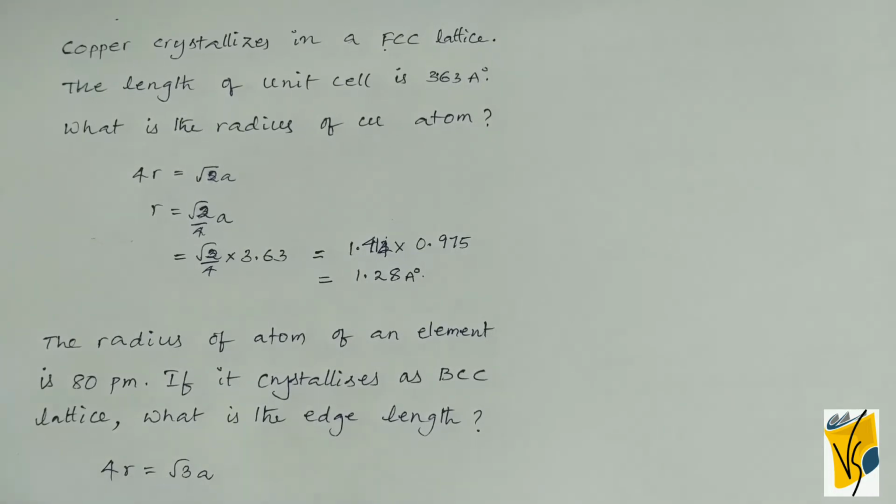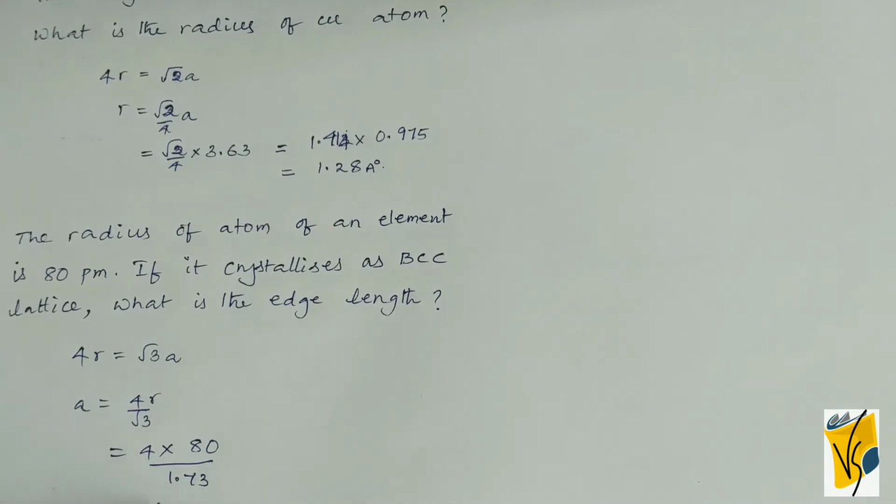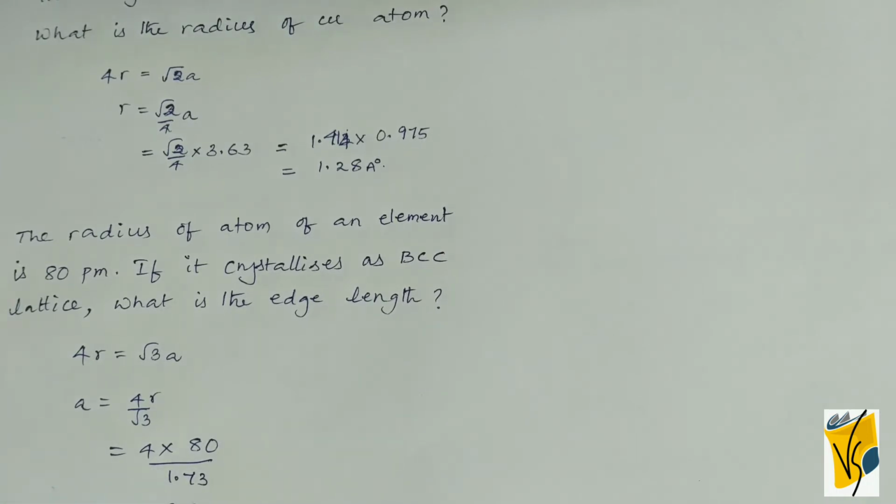Now substitute 4 into radius, 80 picometers, divided by 1.73. Now if you simplify this and calculate, you will get the answer as approximately 185 picometers. So that is the edge length of the BCC that is formed by the element.